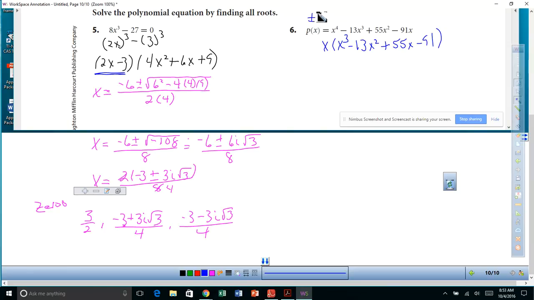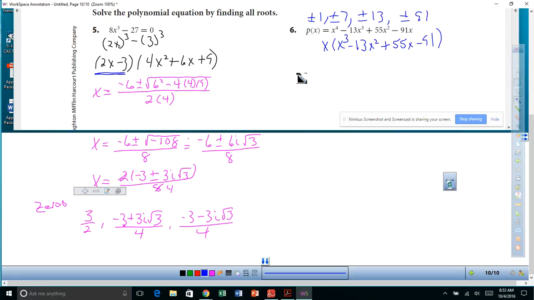Plus or minus 1 and plus or minus 91. 9 and 1 is 10, so 3 won't go into it. It's not even, so 2 won't go into it. How about 7? Plus or minus 7, and 7 goes into it 13 times, so that's plus or minus 13. And I can't think of anything else that goes in there.